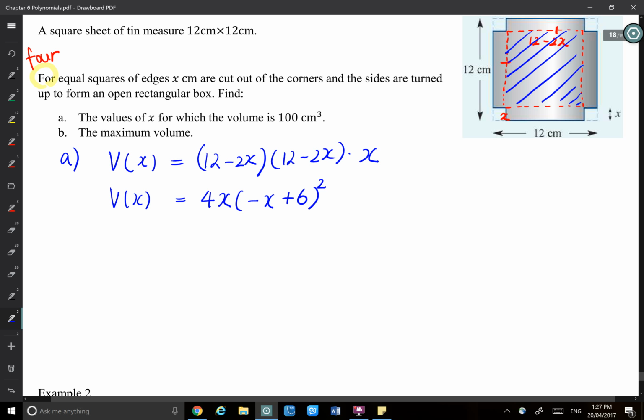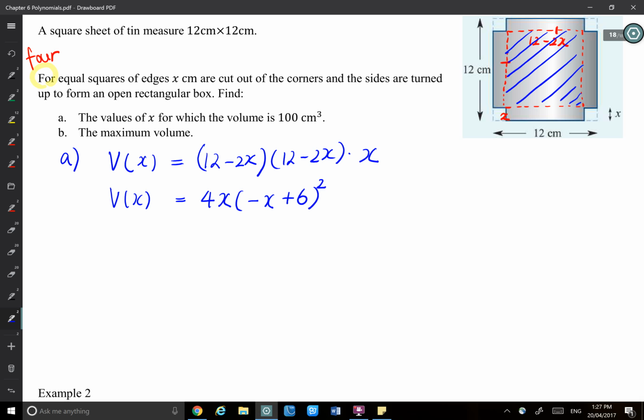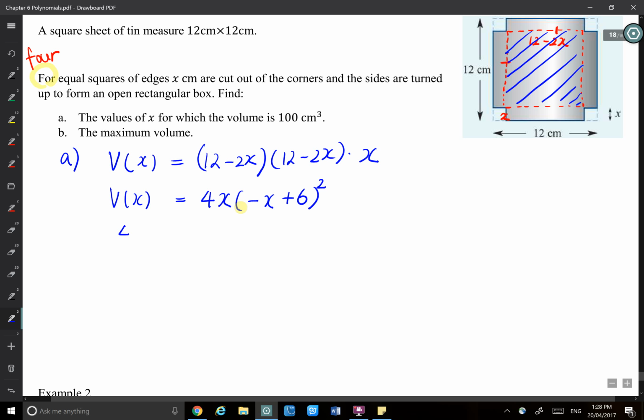And the values of x for which the volume is 100. So V(x) equals 100. Basically, you want to solve 4x times (6 minus x) squared equals 100.